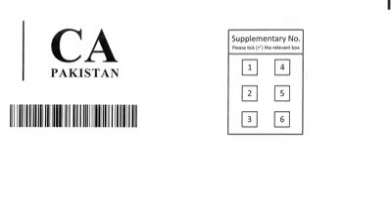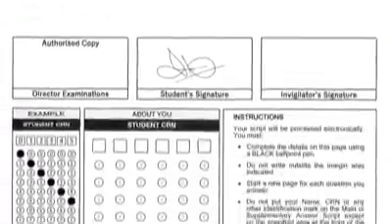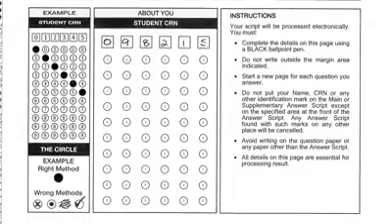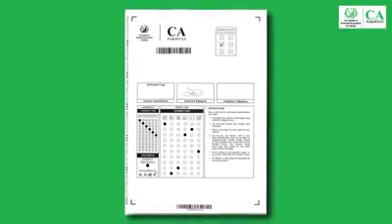Adjacent to the ICAP's logo, there's a box with 6 sub-boxes for mentioning the supplementary answer script number. For example, in case of the first supplementary script, tick mark at 1 and for the second supplementary script, tick mark at 2, and so on. It must be noted that there is no space on the supplementary answer script to write your name and subject.